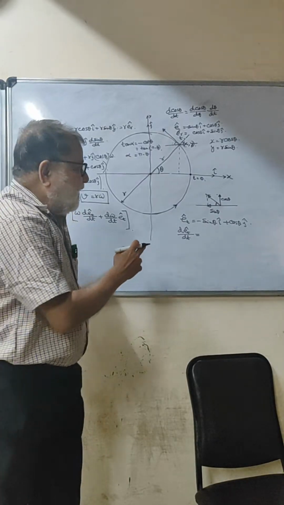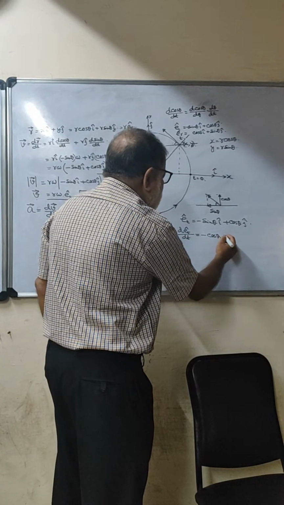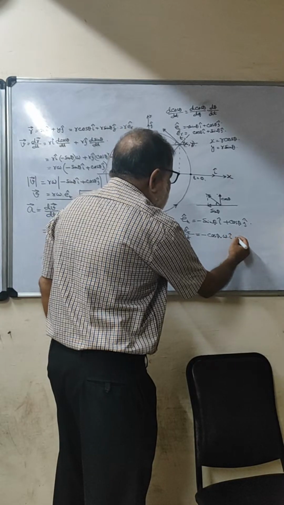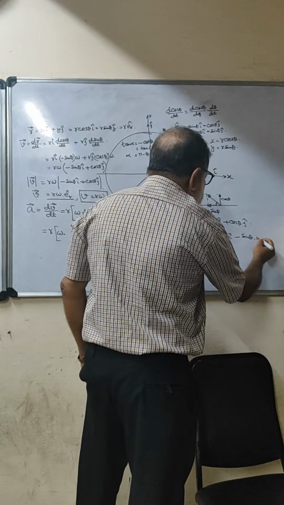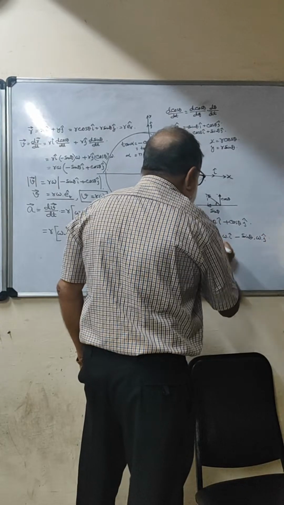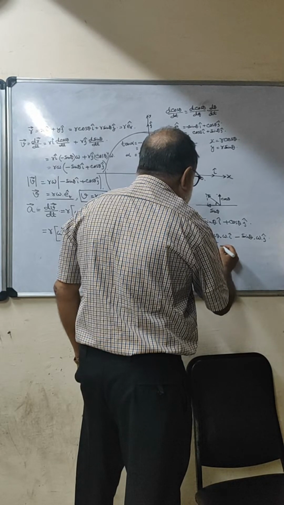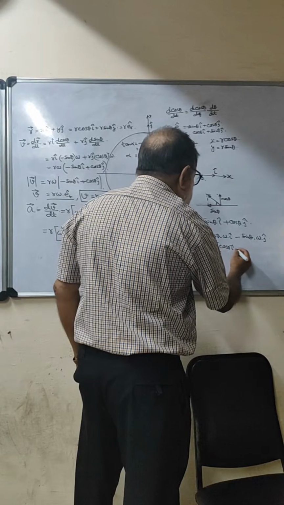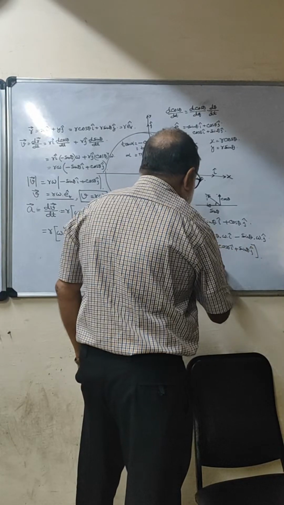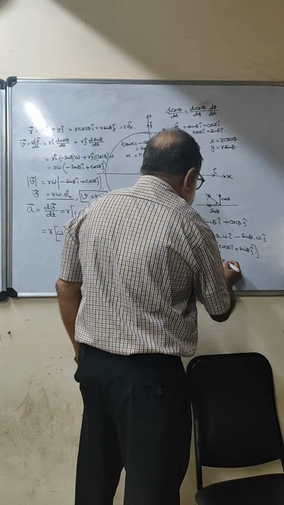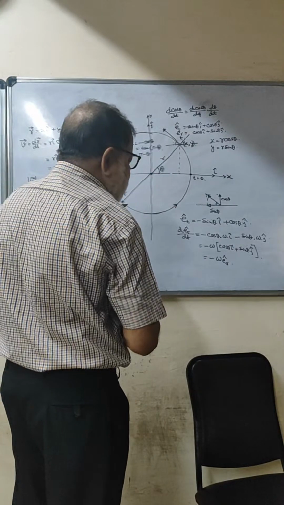Clear? Now if I differentiate, it will be minus cos theta into d theta by dt, that is omega, i hat, and then minus sin theta, derivative of cos theta is minus sin theta into d theta by dt, that is omega into j hat, and that gives us minus omega cos theta i hat plus sin theta j hat, and that is minus omega er cap. Er cap is cos theta i hat plus sin theta j hat.